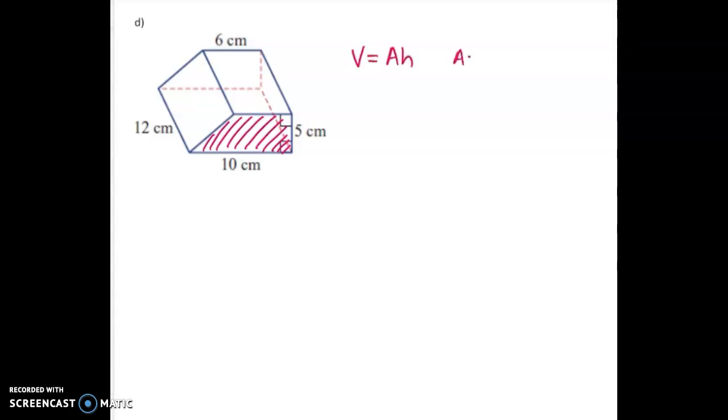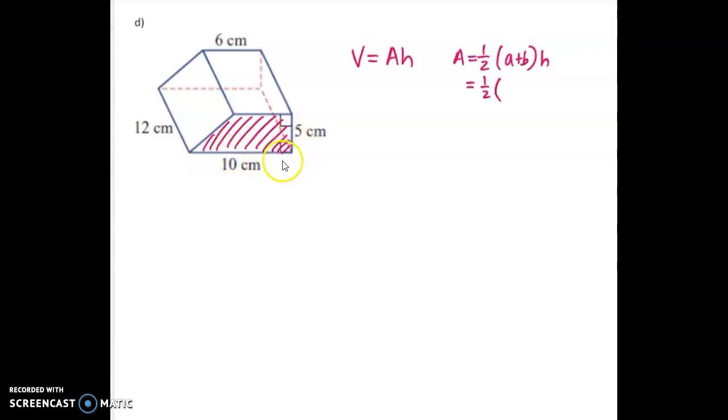The area here is the area of a trapezium, and we have learned the formula for that. It's half times (A plus B) times the height, which is a different height to the height in the volume formula. Don't get that confused. A half times, remember A and B are the lengths at the top and the bottom, or the parallel sides of your trapezium.